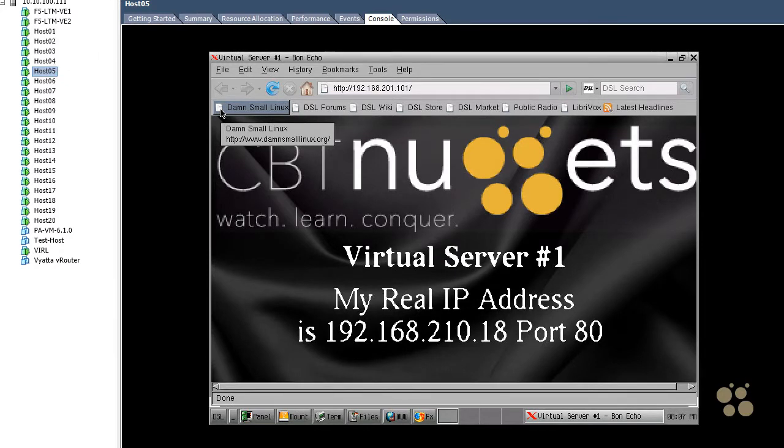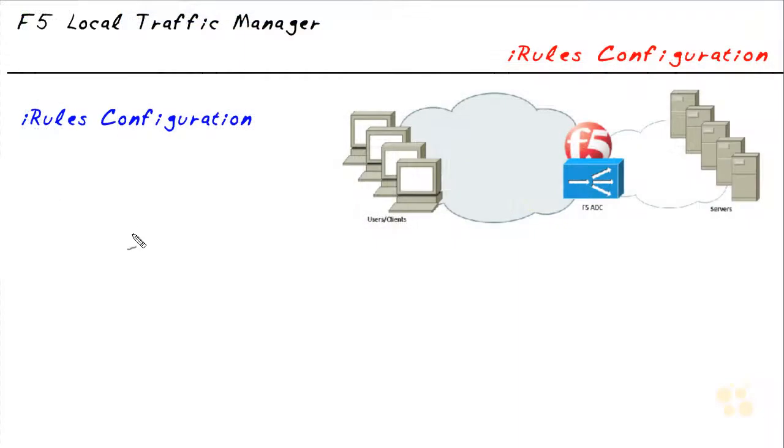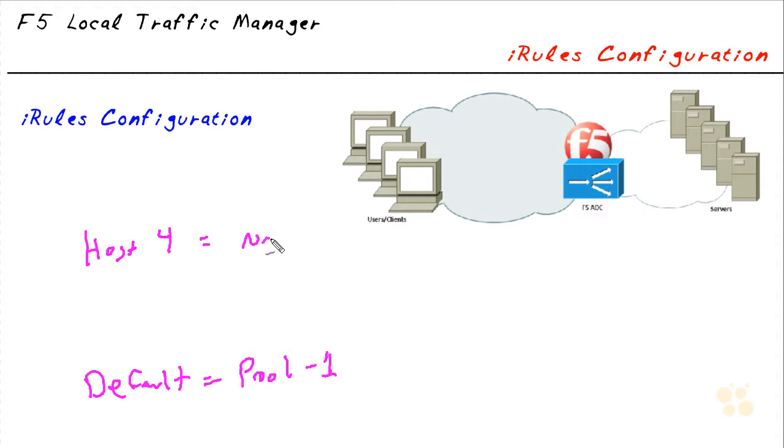So let's do something a little bit different. We already have it where default is pool 1. Host 4 is node 11. Now we'll say that host 3 is going to get pool 3.